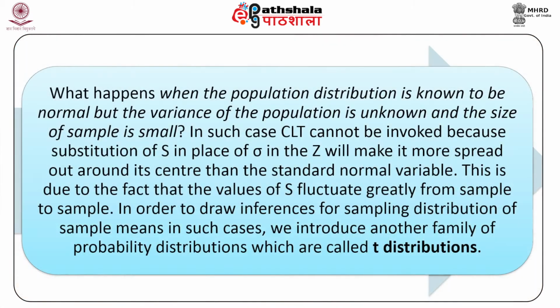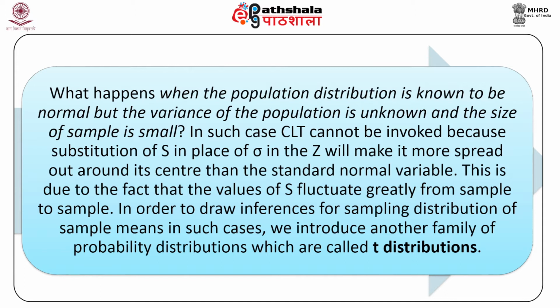The second point is what happens when the population distribution is known to be normal, but the variance of the population is unknown and the size of the sample is small. So we have a small sample size, and a situation where sigma is not known, but the distribution is known.